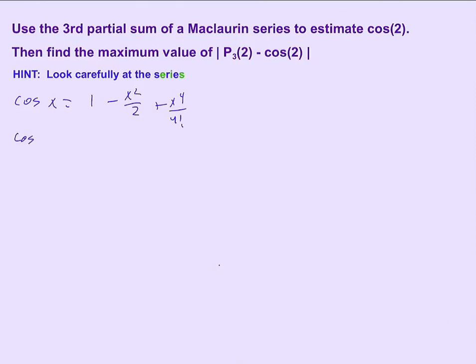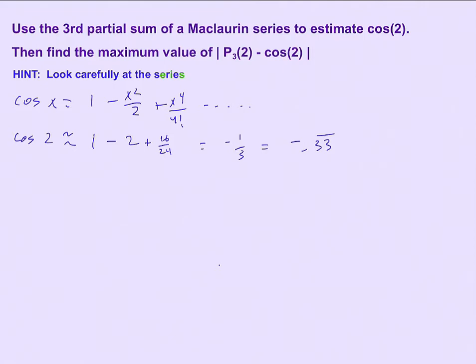So the cosine of 2 would be approximately 1 minus 2 squared over 2 plus 2 to the 4th over 4 factorial, that's 16 over 24. So that's negative 1 plus 2/3, or negative 1/3. That is our estimate for the cosine of 2. Negative 0.33 repeating.